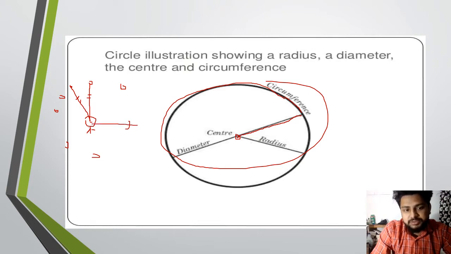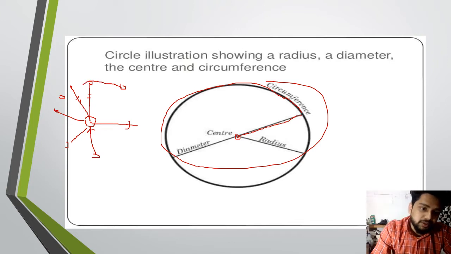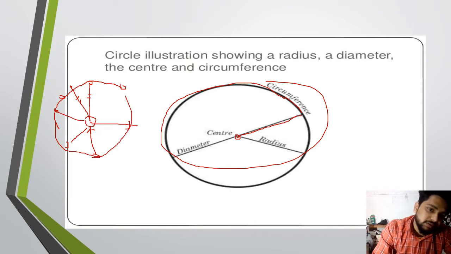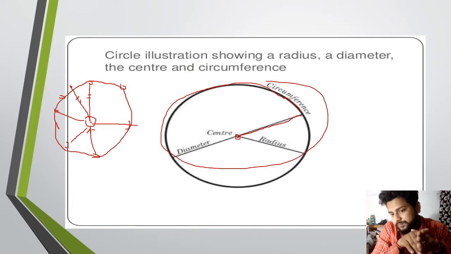When you join all these points, it completely forms a circle.